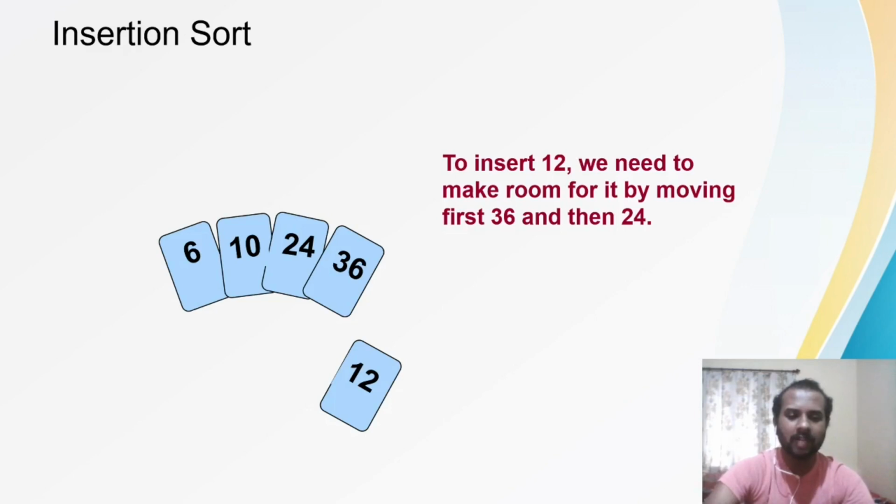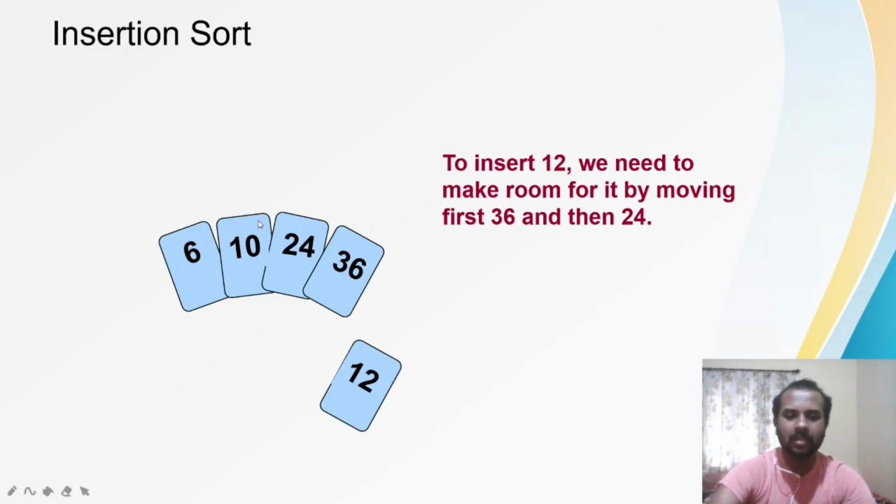I am going to compare the 12 with the 36, to check whether 12 is smaller or greater. 12 is smaller, so I am going to compare the 12 with the 24 now. So I am going to come one step inside and compare it with the 24, whether it is greater or smaller. Smaller, right? So again I am going to come one step inside.